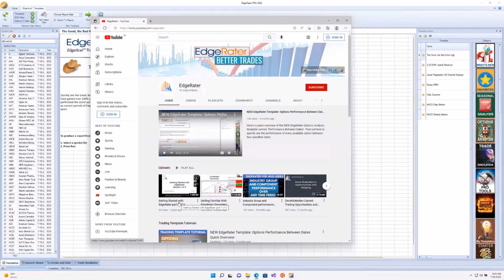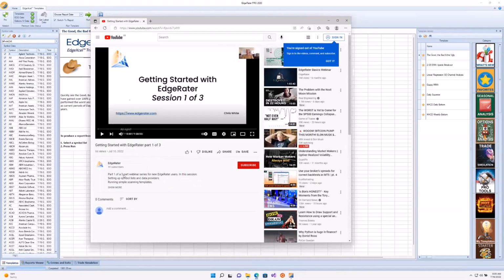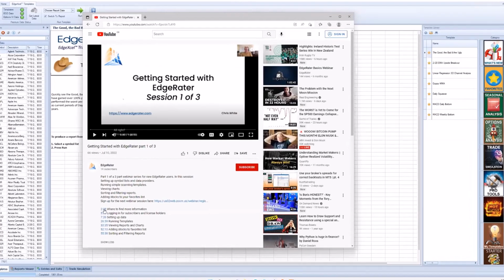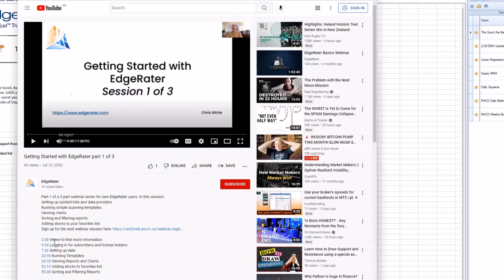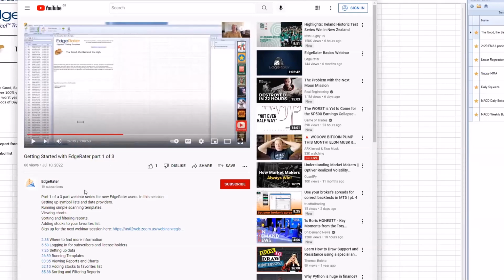A little trick: once you've got the video loaded, look at the description and click show more, and you'll see various time codes, which is basically an index into the video. So if you're particularly interested in running templates, because you know everything about setting up data, you can just click on where it says running templates 2639, and you'll go right to that section. I will do that for this video as well, and the one next week. So that's where they will all appear.